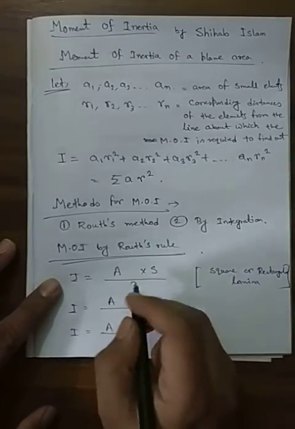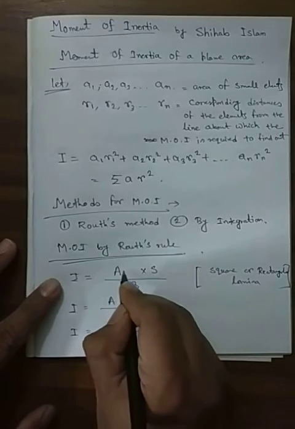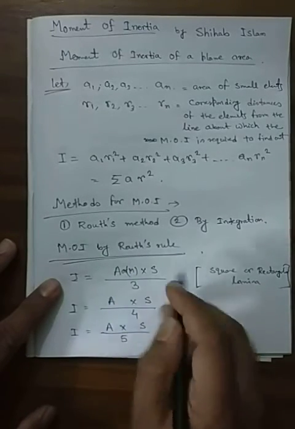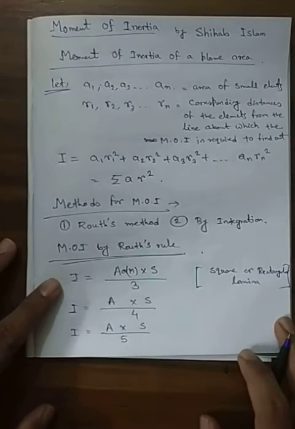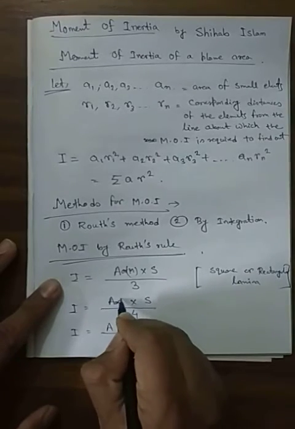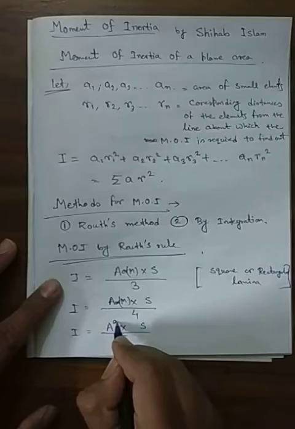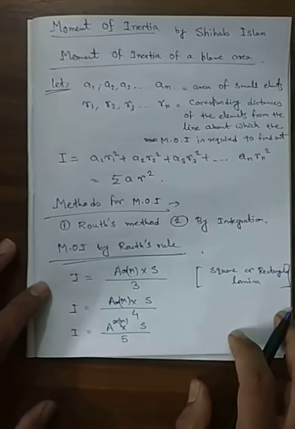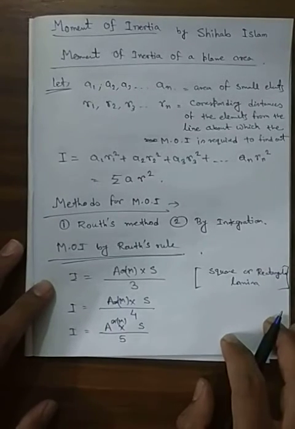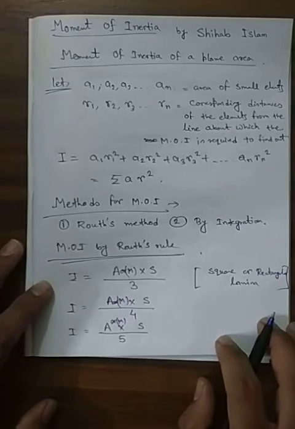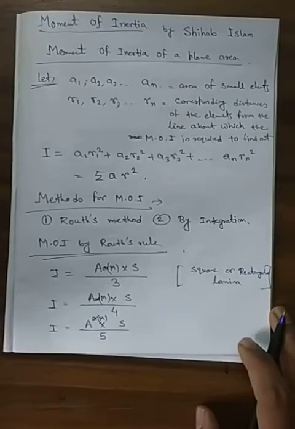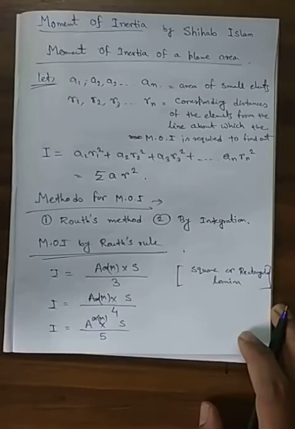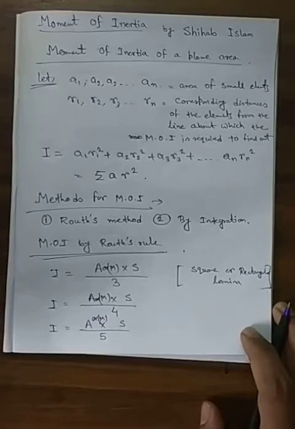We can also say A or M, where M is the mass of the body. We can calculate it by area, or by the mass of the body, M. And what is S? S is the sum of the squares of the two semi-axes, other than the calculated axis about which the moment of inertia is required to be found out.